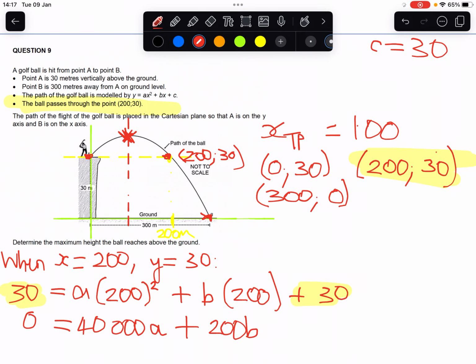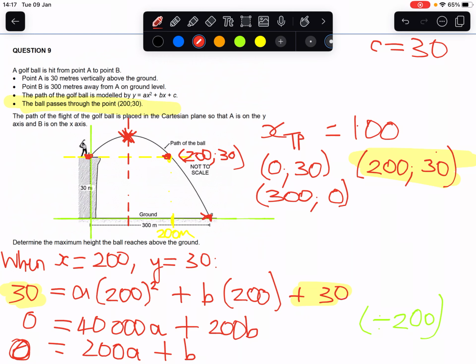And what we can do here, just to make our equation a bit nicer, is divide both sides by 200, so that we're not working with these very big numbers. So 0 divided by 200. And 40,000 divided by 200 will just take us back to 200, and then over here we will have b.